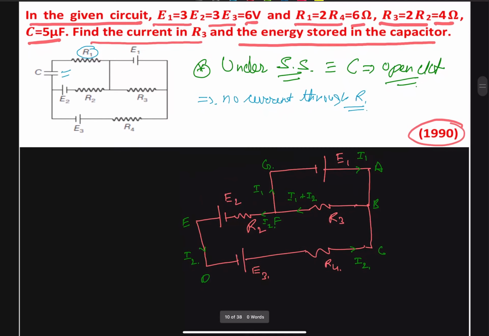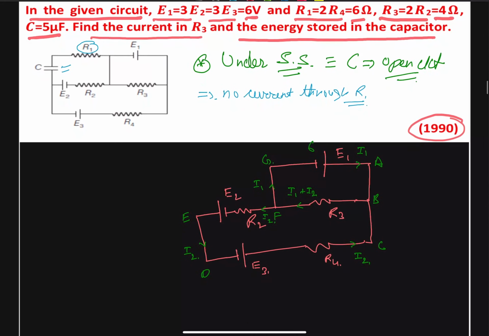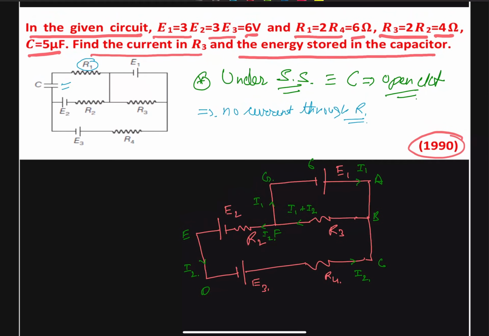And we are given that E1 is our 6 volt, and E3 it should be 2 here. Yeah. So E2 will be equal to 2 volt and E3 will be equal to 3 volt.